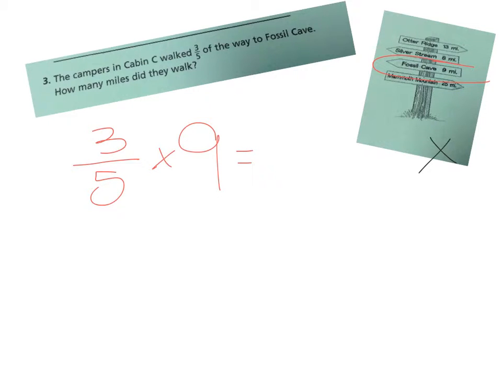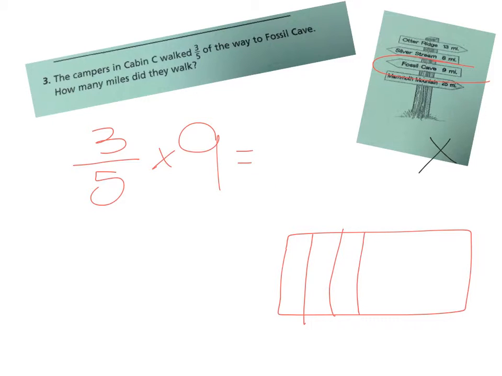I can draw it out and make each little mile separate. 1, 2, 3, 4, 5, 6, 7, 8. Uh-oh. One more. 9. Yeah, I know, it's not beautiful.